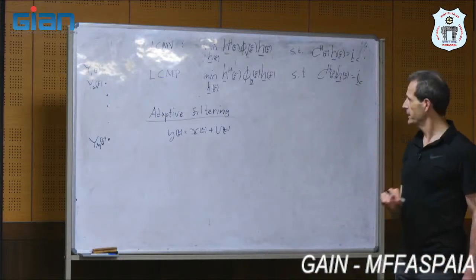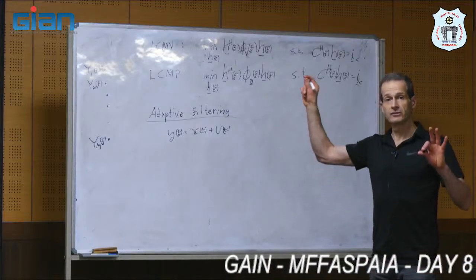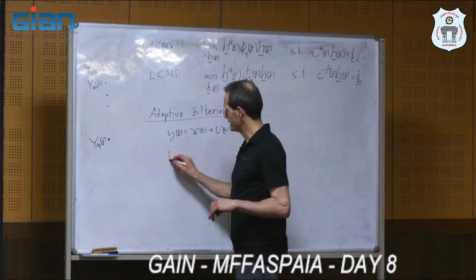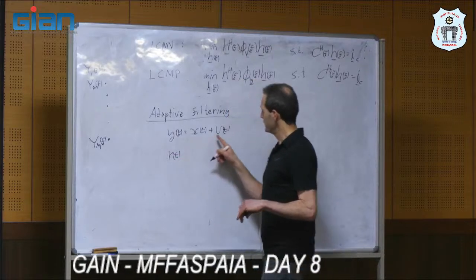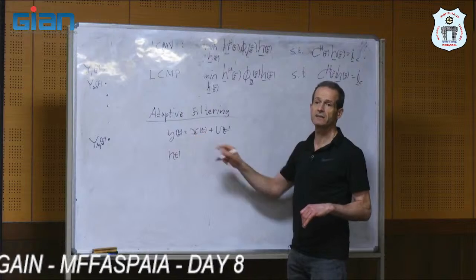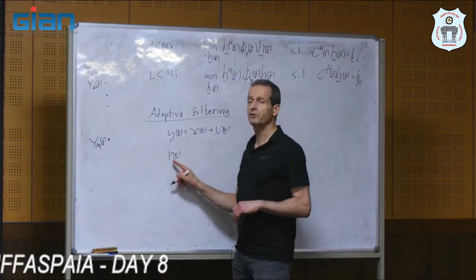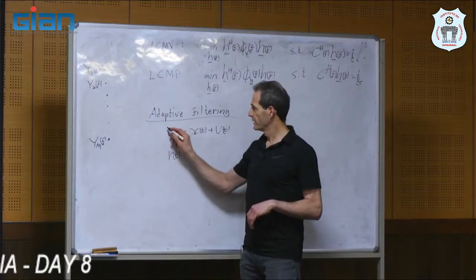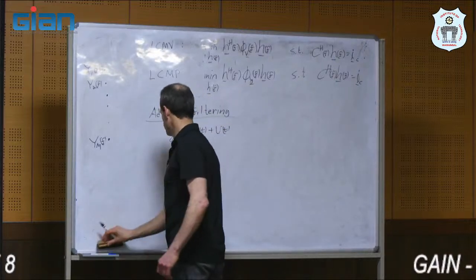But in addition, we have another channel, r(t), which correlates with the noise, but it's uncorrelated with the desired signal. So we call it reference channel. So this is a reference channel. Okay, so suppose that we have this problem.